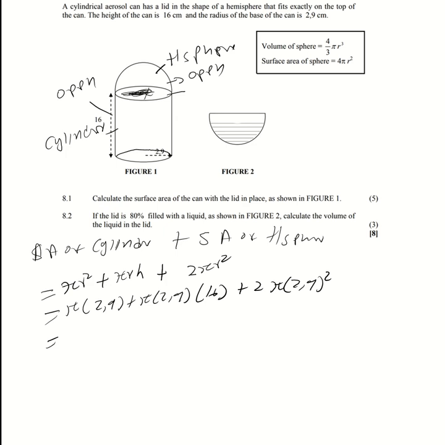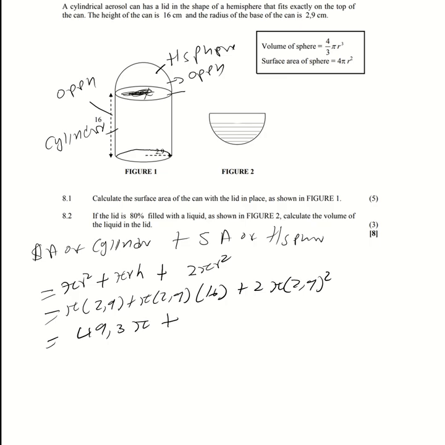You see that is 2.9 times 16 plus 2.9. So on this side of pi it's 49.3 pi, plus let me work on this side.